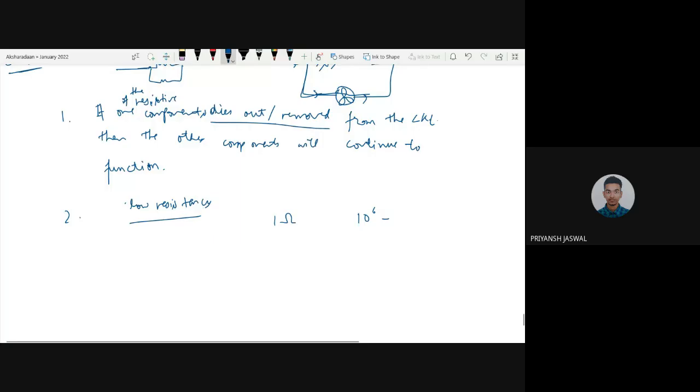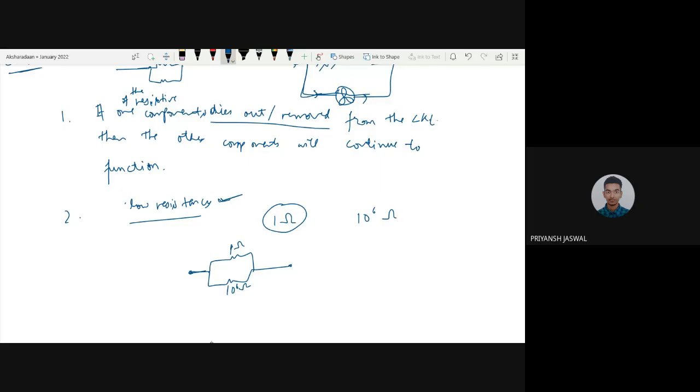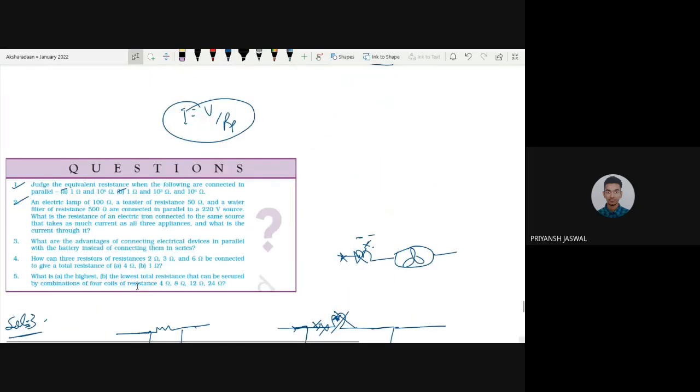So we want a resistor even smaller than 1 ohm, or we need to accommodate these resistances such that it offers a low resistance to the flow of charges or the flow of current. So we simply connect them in parallel and make a low resistive path. It's not of that much use, because we can simply use a low resistance value, but still it can be counted. So for now, I know only these ones.